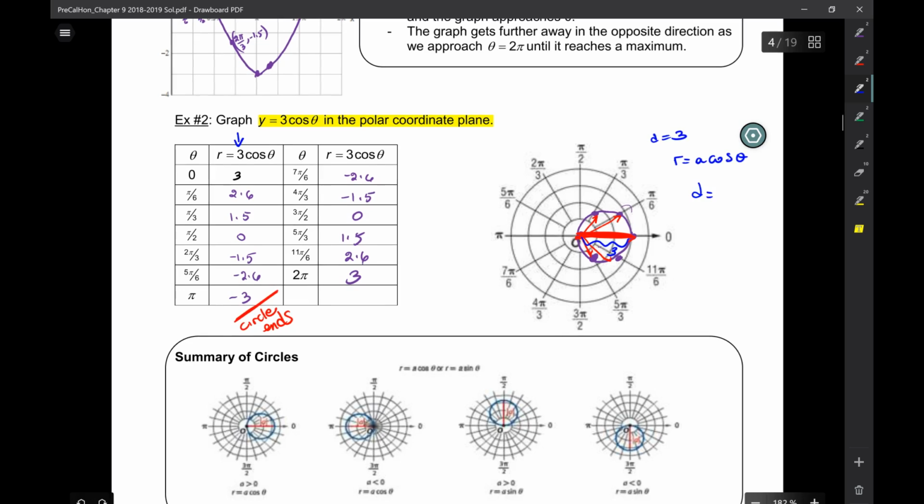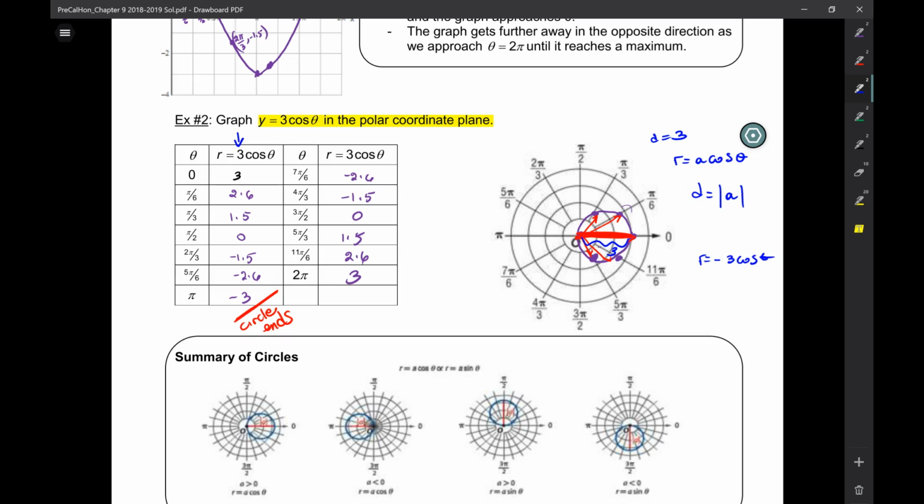And the diameter of the circle is always going to be the absolute value of a. Why the absolute value of a? Because what if this was r equals negative 3 cosine theta? Well, then the circle would just be reflected, so the circle would be to the left. But the diameter would still be the same value, all right? So that's if it's cosine.